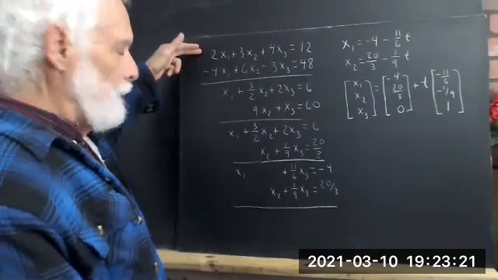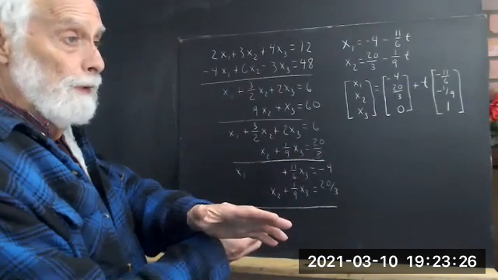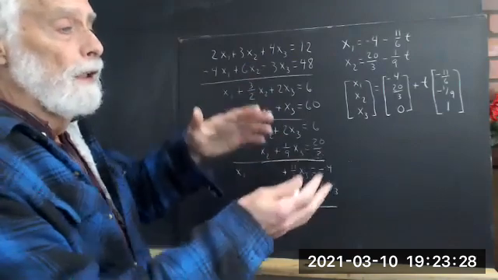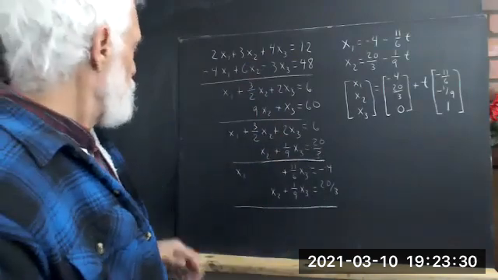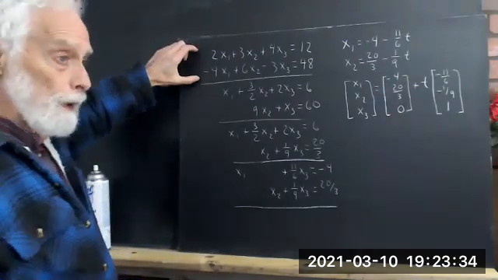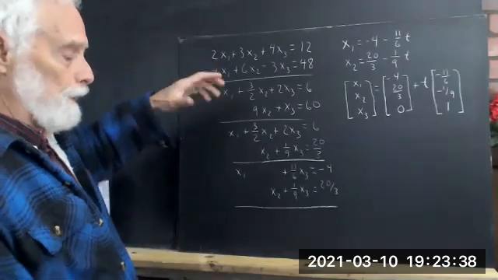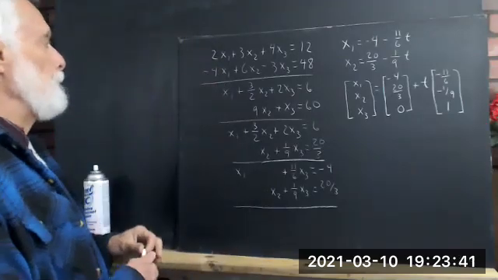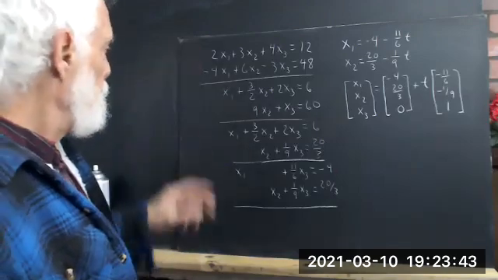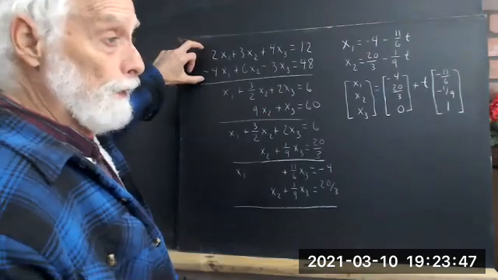And when you intersect 2 different planes in 3 dimensions, unless the planes are parallel, you're going to get a line of intersection. Okay, so these 2 planes are not parallel. We would get a line of intersection in 3 dimensions. And we're going to talk about that a little bit. But first, let's just reduce these equations.